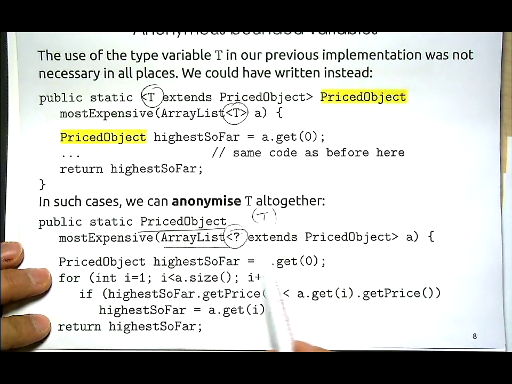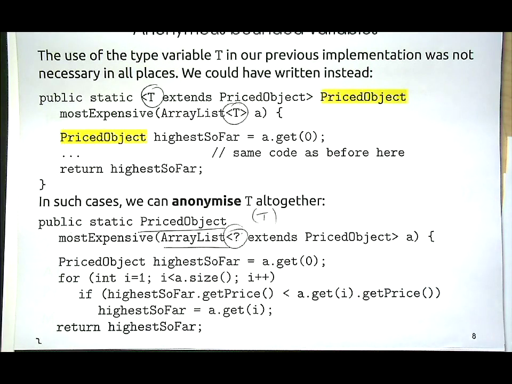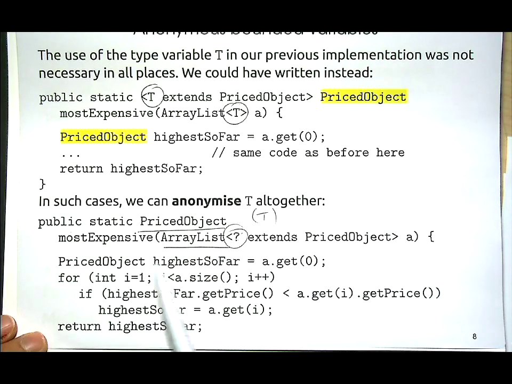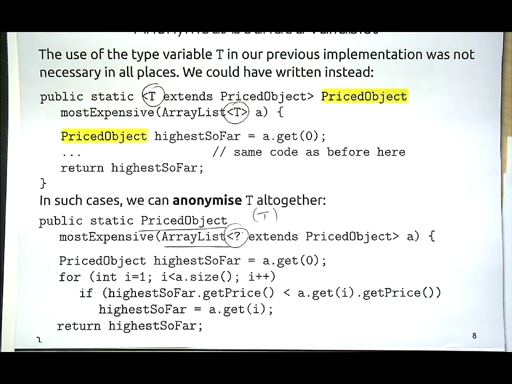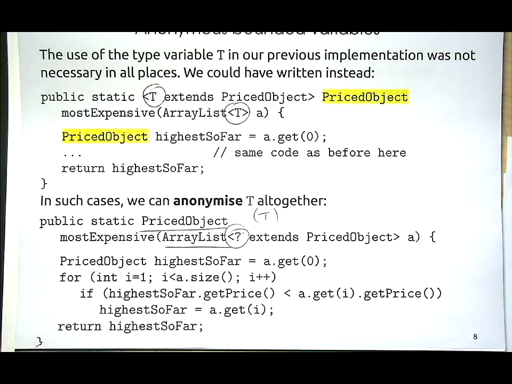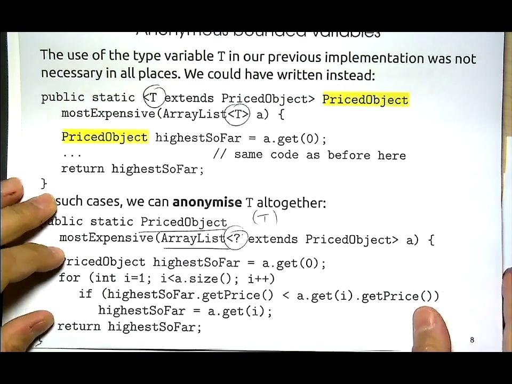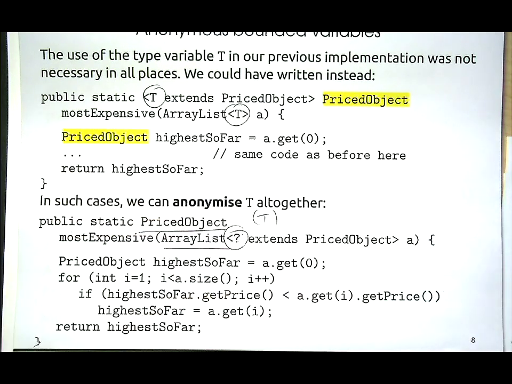So I say the ArrayList is of some type which extends PricedObject, and then the code is the same. Okay, so this is another mechanism that we have for bounded types. And I think I also had something about this in the demo.